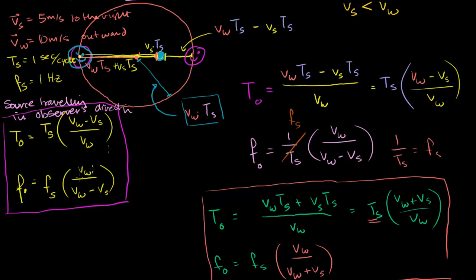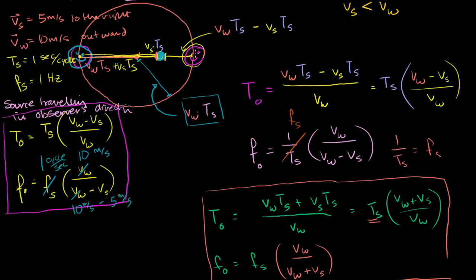So let's look at the frequency from the point of view of this gentleman right here. The frequency of the source is going to be 1 cycle per second, 1 hertz. The velocity of the wave is 10 meters per second, minus the velocity of the source, which is 5 meters per second. So what's this going to be equal to?